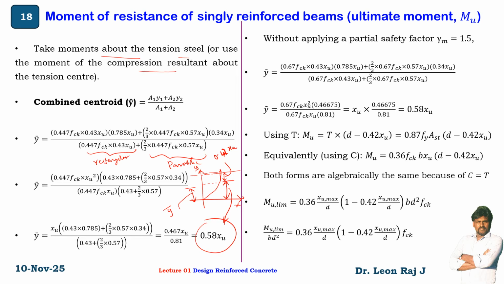Now one more GATE question: if this compressive stress is 0.447 fck, that is factored compressive strength, and if it is 0.67 fck or 0.6 fck or 0.8 fck, what will be the line of action? Actually, line of action will not change.